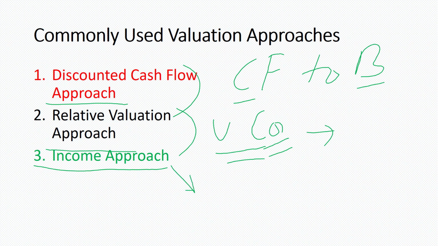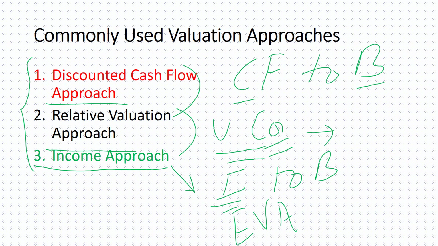In this approach, you compute the income of the business, some sort of measure of income like economic value added or operating income, and you use that kind of measure to compute the intrinsic value of the business. So these are the most widely used valuation approaches at the undergraduate level.